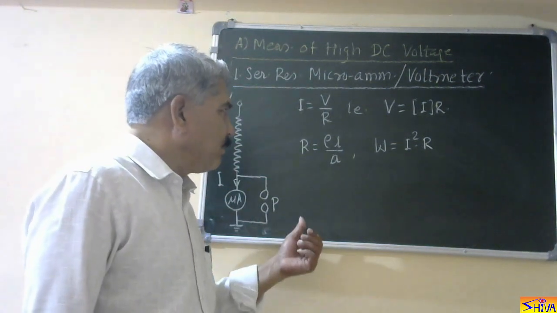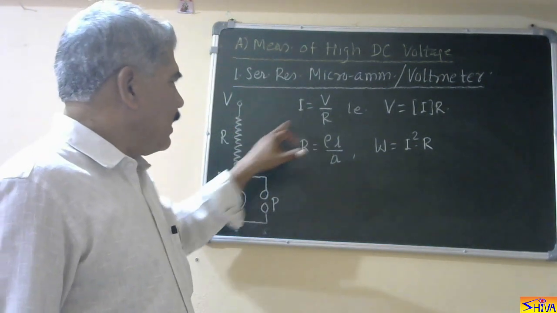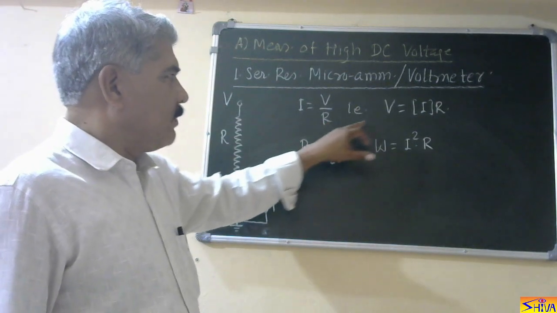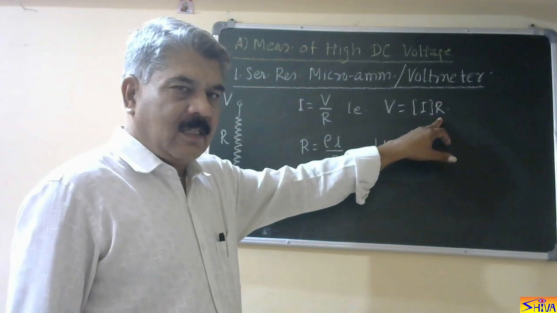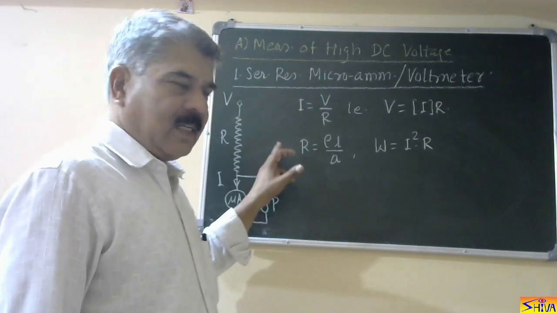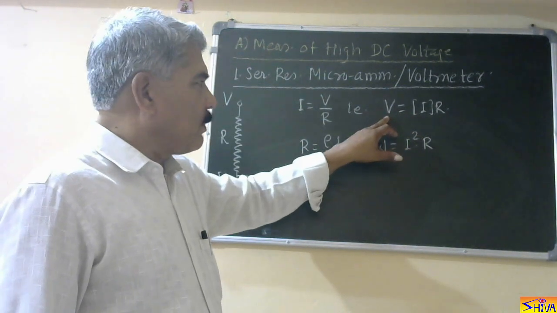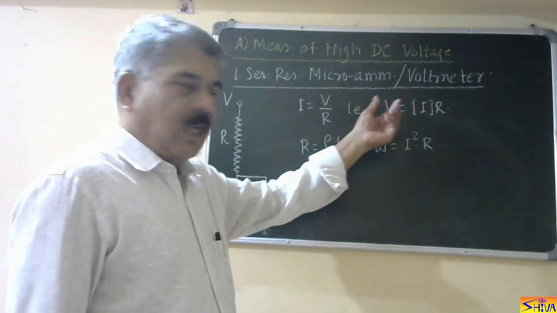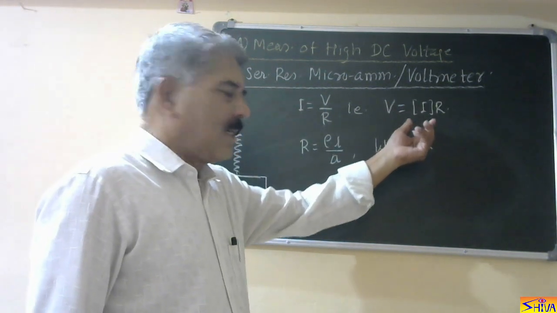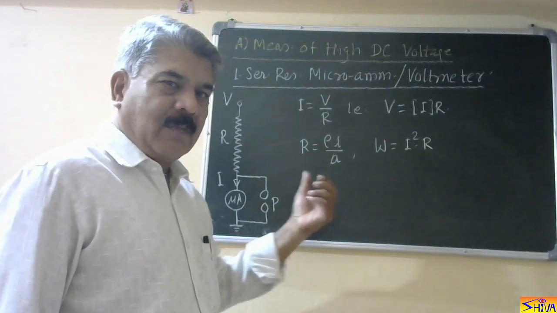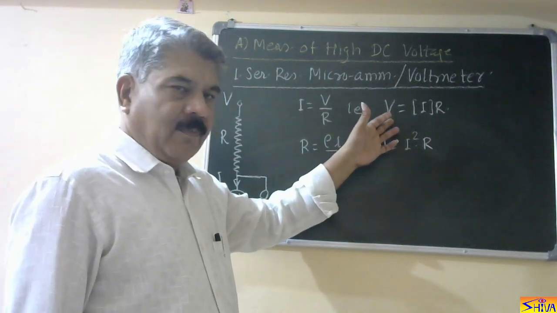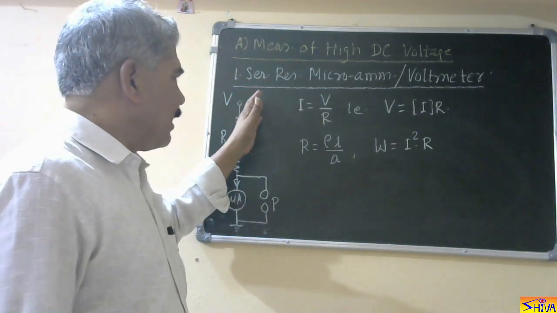Now let us see the equations. I is equal to V upon R, that is V is equal to I into R. This R is constant, a fixed high resistance. So whatever current is flowing is proportional to voltage, or alternatively, if we calibrate the current in this microammeter in terms of voltage, then we will get the voltage applied at this point.